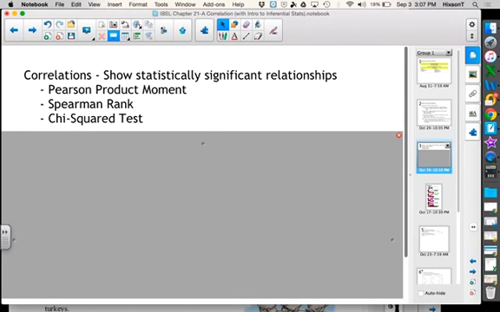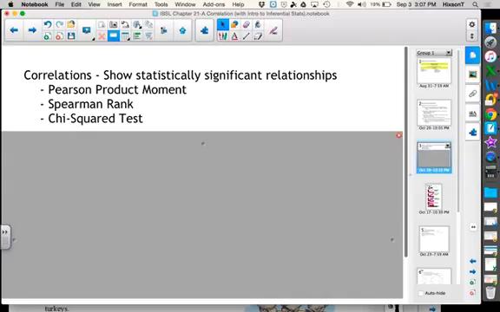The last of these is a chi-squared. Okay? There are 2 of these. They're actually 2 types of chi-squared tests. One is with a contingency table, and this is where you're comparing categorical data.